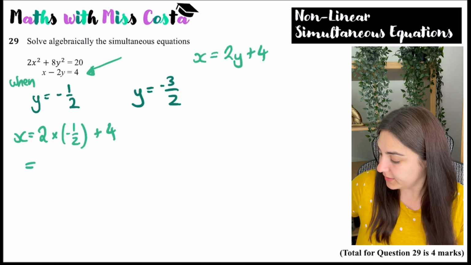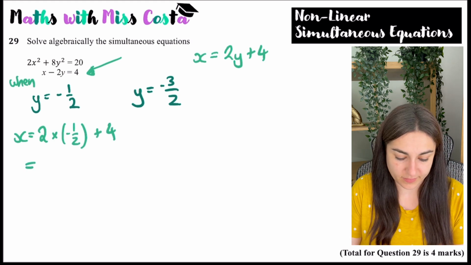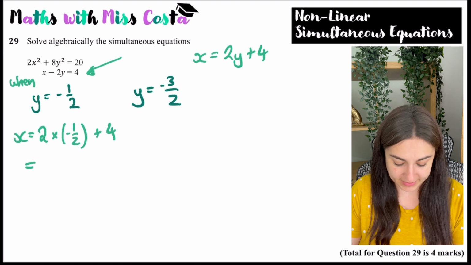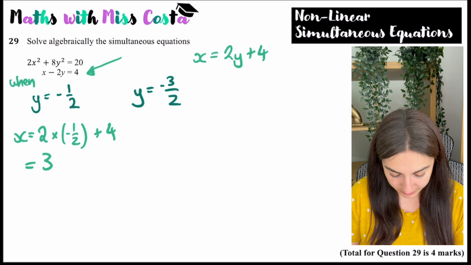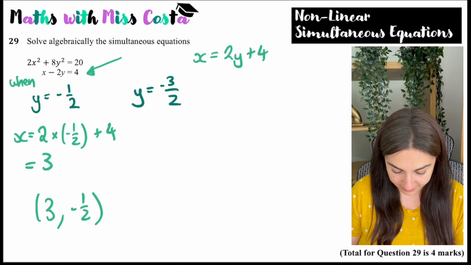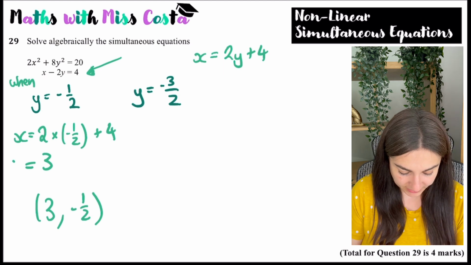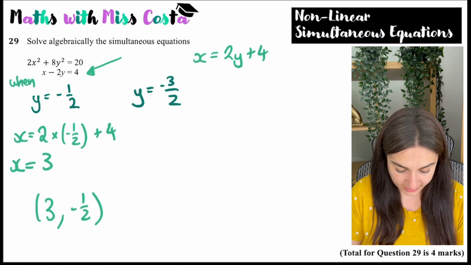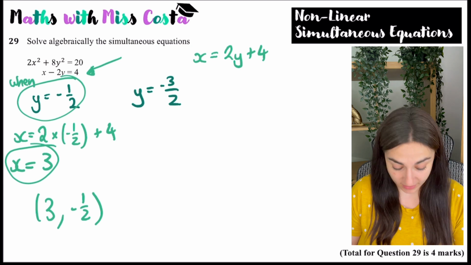So 2 times minus 0.5 is minus 1 plus 4 is 3. So if they wanted it as coordinates, you would write 3, minus a half, but they haven't said that. So you just say y is minus a half, x is 3.